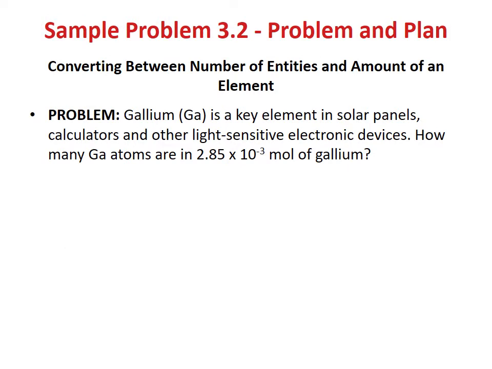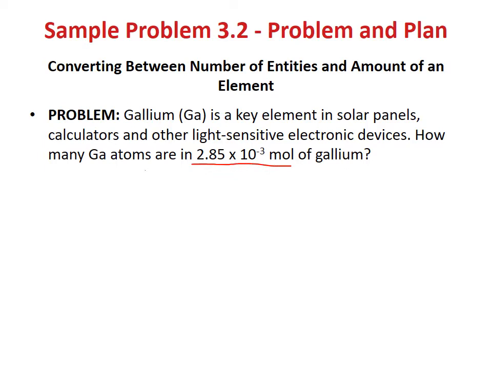Sample problem 3.2. Gallium is a key element in solar panels, calculators, and other light-sensitive electronic devices. How many gallium atoms are in 2.85 times 10 to the minus 3 moles of gallium? So the given is the number of moles of gallium.